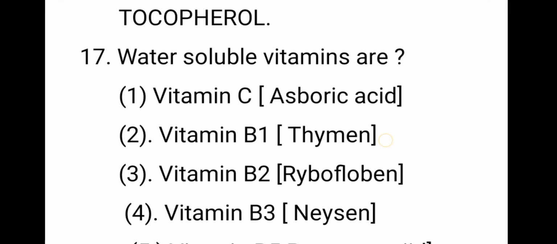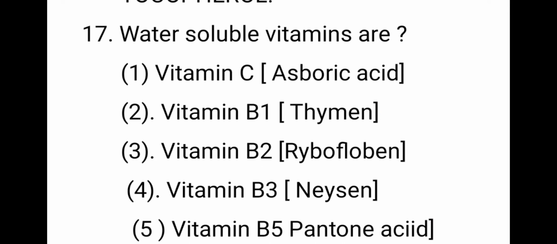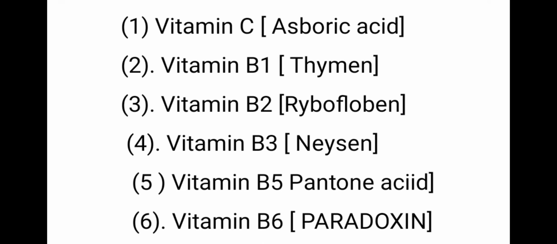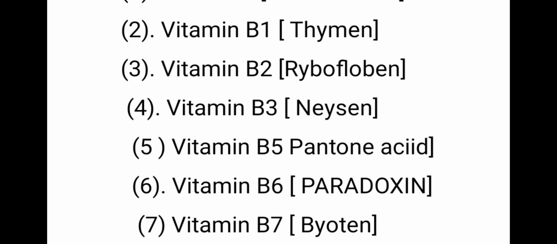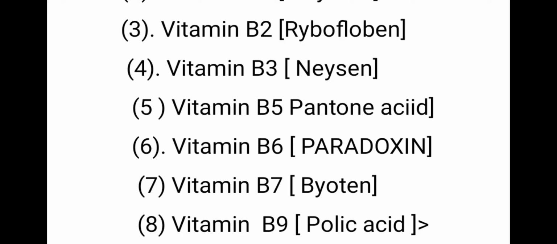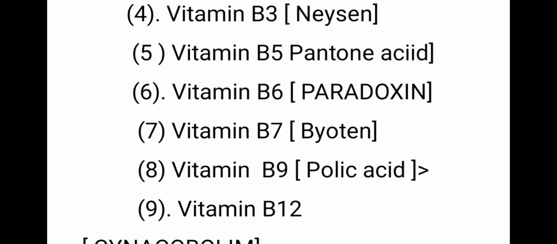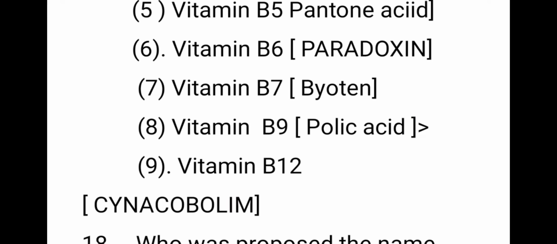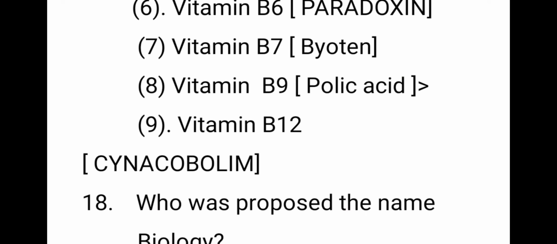Water soluble vitamins are vitamin C, ascorbic acid; vitamin B1, thiamine; vitamin B2, riboflavin; vitamin B3, niacin; vitamin B5, pantothenic acid; vitamin B6, pyridoxine; vitamin B7, biotin; vitamin B9, folic acid.